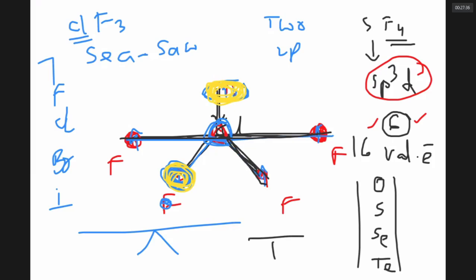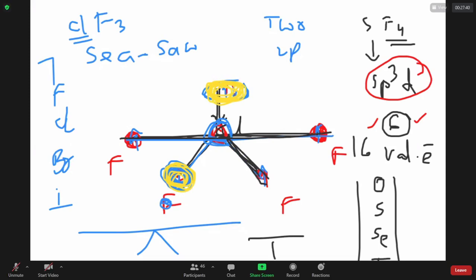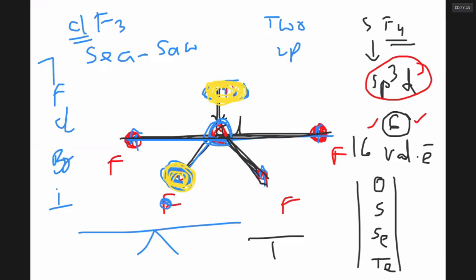In a trigonal bipyramid, where the central atom is using sp3d hybrid orbitals, if there are 5 bond pairs, the shape is trigonal bipyramid. But if there are only 4 bond pairs, the shape is seesaw. If there are only 3 bond pairs and 2 lone pairs, the shape is T. Agreed or not?